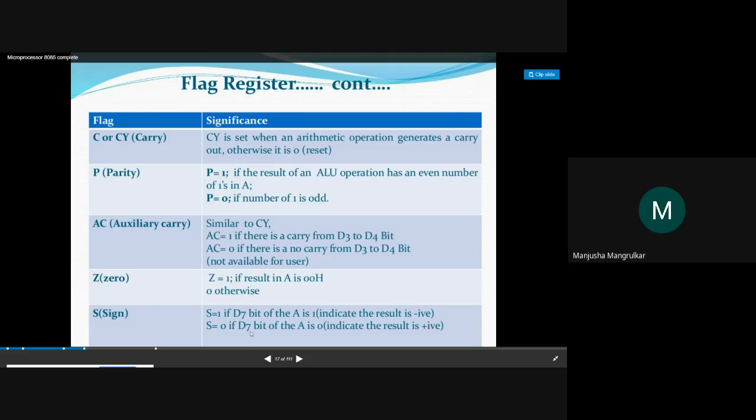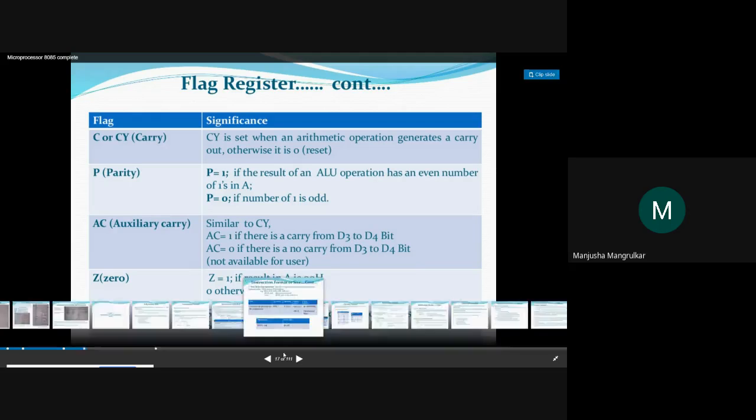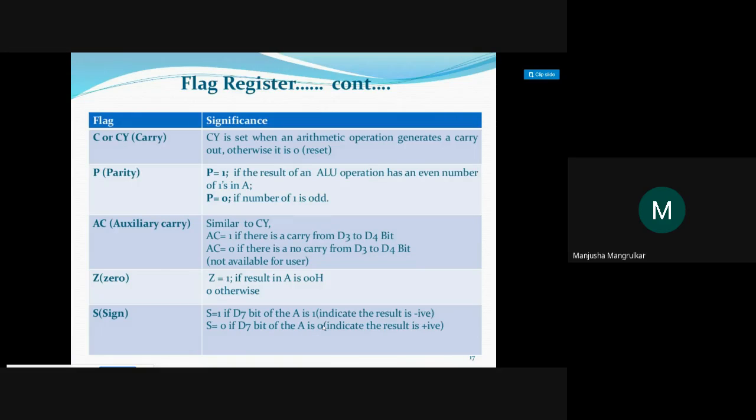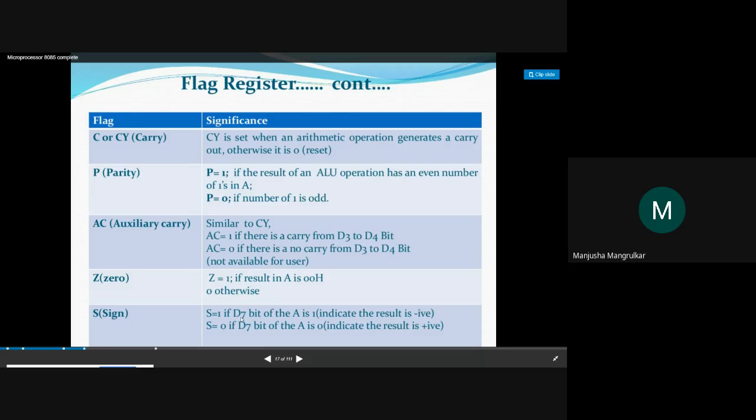If the D7 bit is 0, it indicates the result is positive, as we have seen in the code generations. So the D7 bit indicates whether your number is positive or negative. We take the 2's complement if it is a negative number, and this gives the representation in a microprocessor.